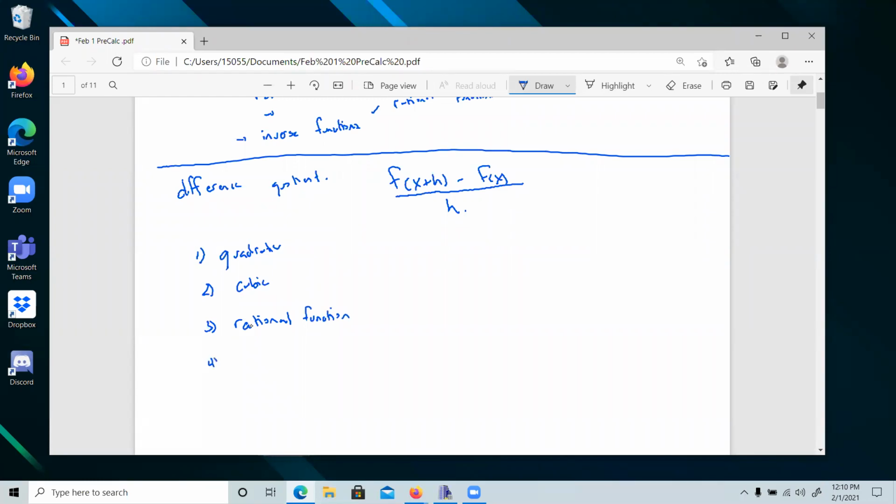Or we could do a difference quotient on a radical function. All right. So those are the 4 different kinds of problems that we could ask you about. They each have their own little problems in different ways. They usually have more than one term for quadratics. Okay. So there's multiple terms.